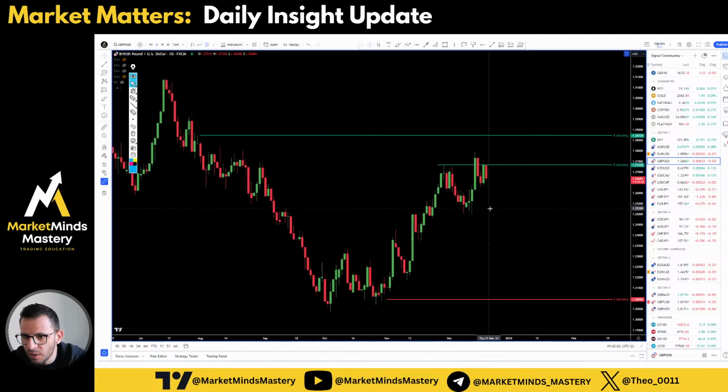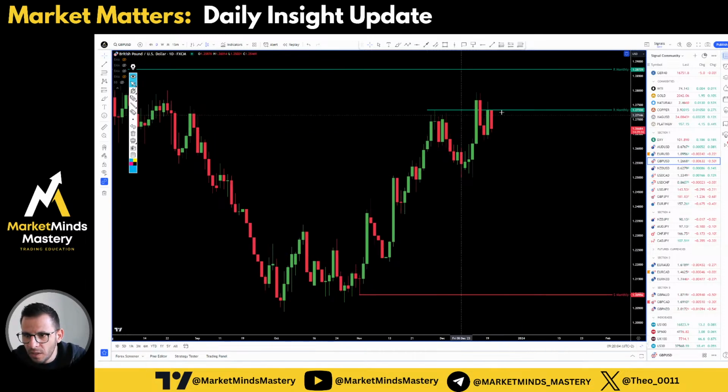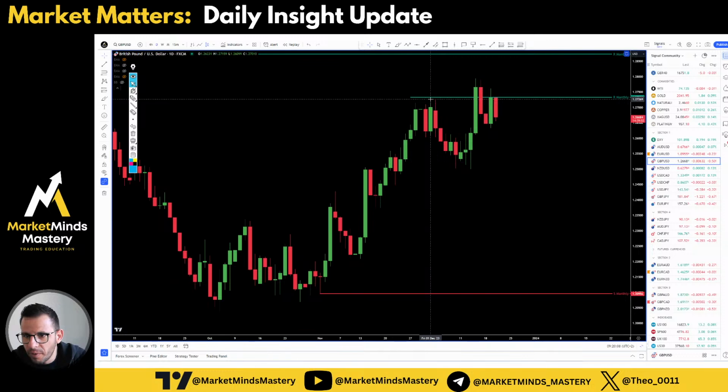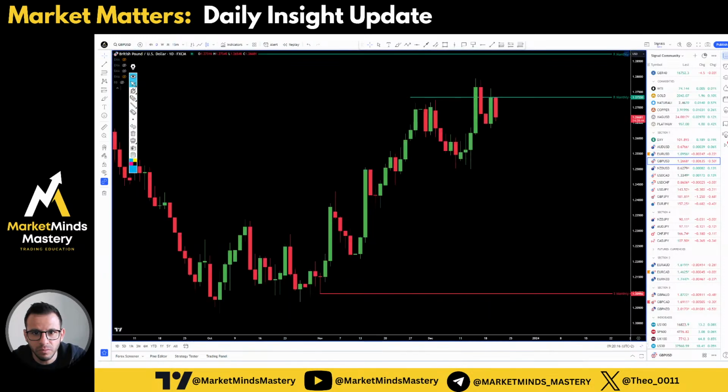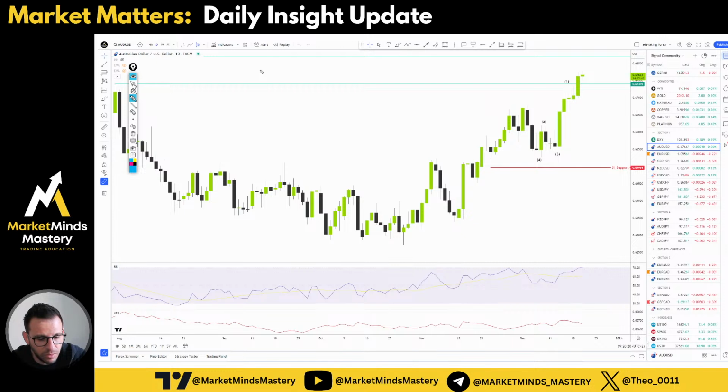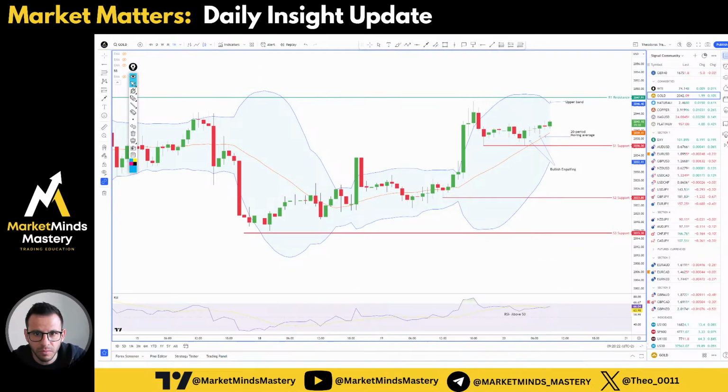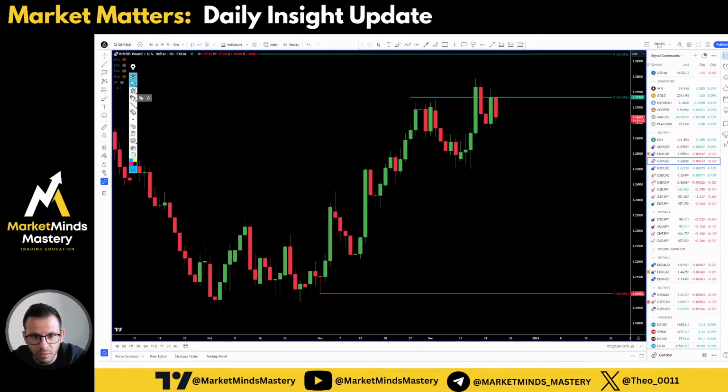Pound US dollar here is at this area of resistance. Yesterday the price, remember we had this resistance a while ago. So a while ago we had this resistance.